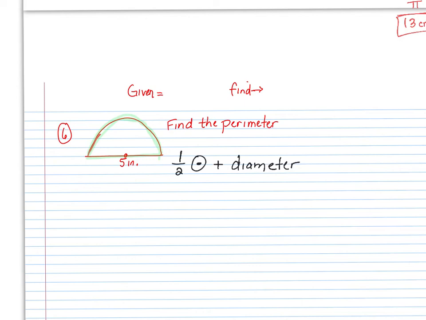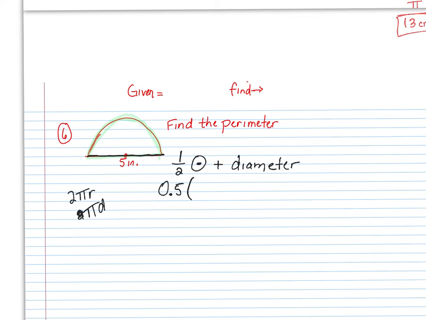Since we're allowed to use the calculator, instead of writing half, what is that as a decimal? 0.5. We're going to write 0.5. Okay? Circumference is 2 pi r or pi d. Which one do we want to use, knowing that they gave me that number?